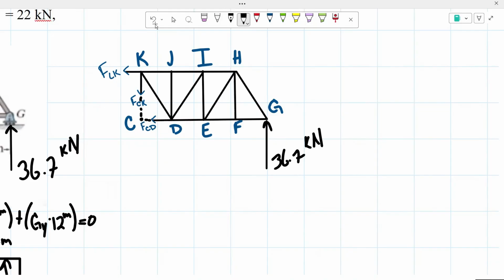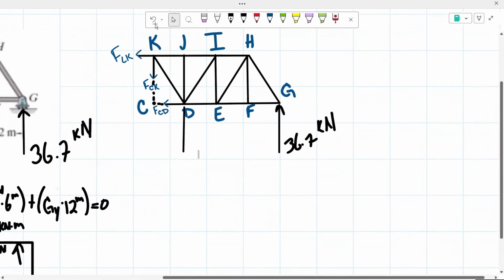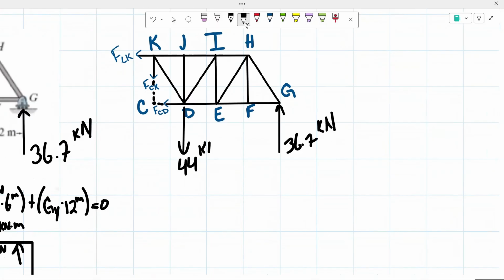From there, we know that we have a force coming down at point D with a force of 44 kilonewtons. From there, our cut is going down right here.